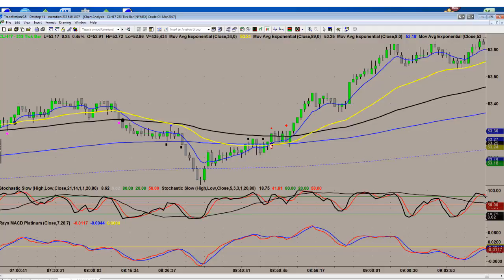Exactly. We had a tremendous amount of resistance at that same level, and it just went through. But actually, what occurred there, guys, was the pit session. The pit session turned into nothing but buyers.